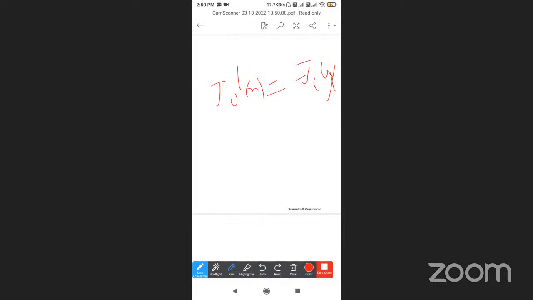So L of J1 of x is equal to minus L of J naught dash of x.